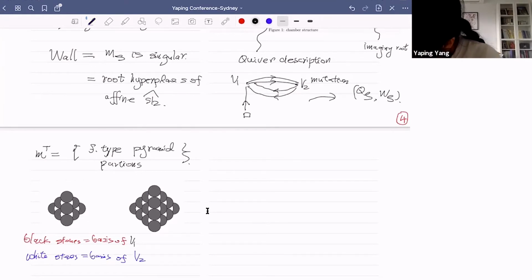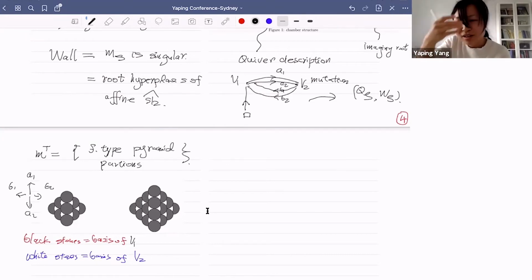And all the maps in between, I have A1, A2, B1, B2. You can see this is the map from black to white, from V1 to V2. So there are also some nice pictures describing the torus fixed points of the PT.